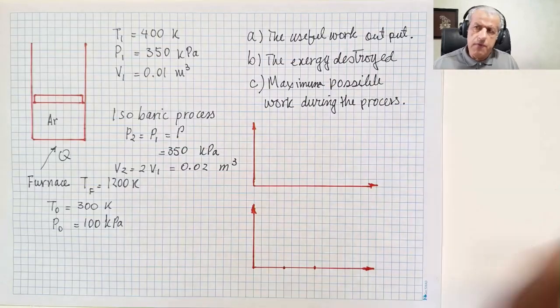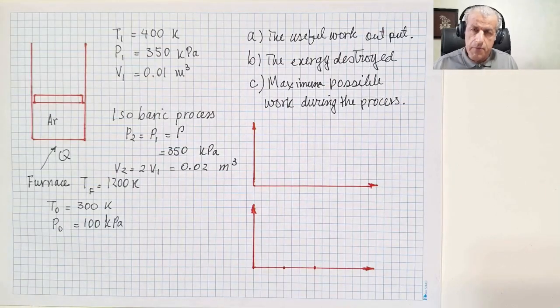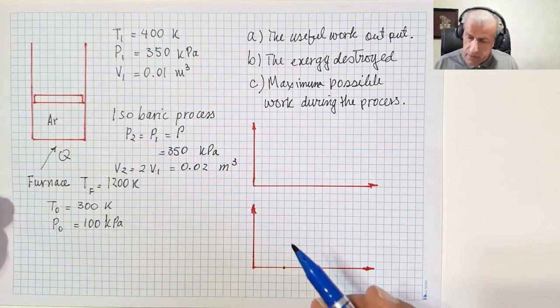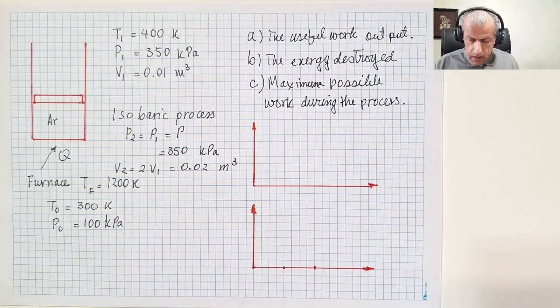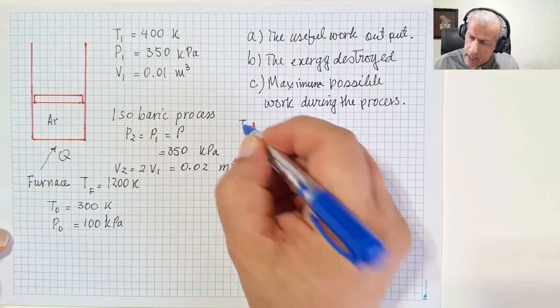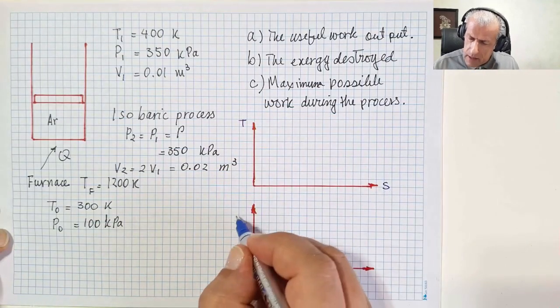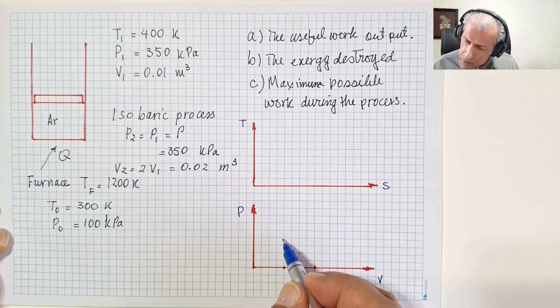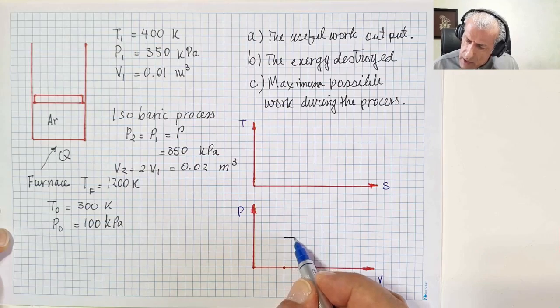Even before we start to solve the problem, we could draw it on a diagram, and this would be quite informative. There are two diagrams which I select. One is the TS diagram, and the other is the PV diagram. It's a constant pressure process, so the PV diagram would just look like this.